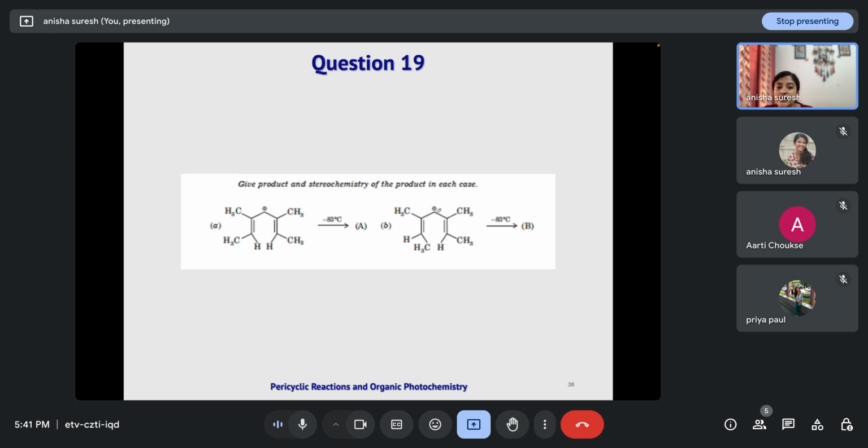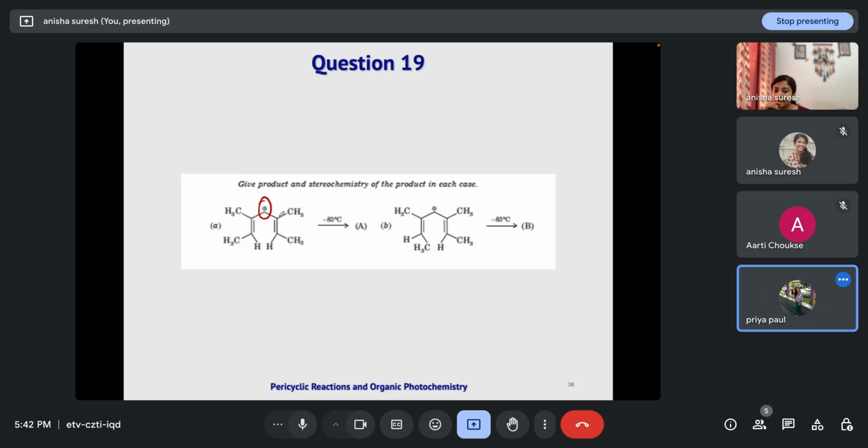So these two reactions are examples of what sort of reaction? Dipi-methane rearrangement. It's not a dipi-methane rearrangement. This is an example of an electrocyclic ring closing reaction only, but a cation is present in between the system. Okay.